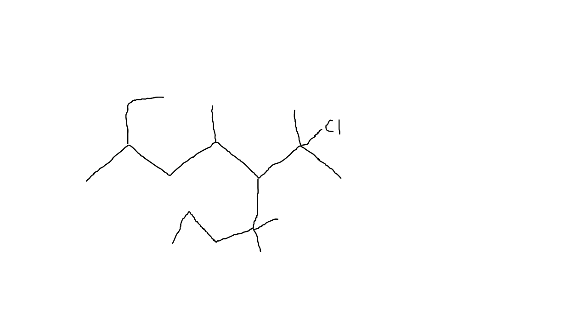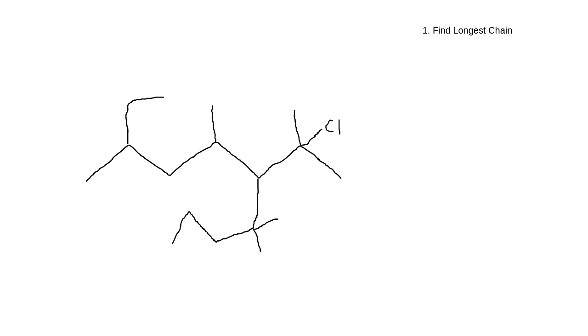So the very first step, and I'll type this down, first step is to find the longest chain. That's always what you want to do. Find the longest chain. Let me correct that. In the right order.